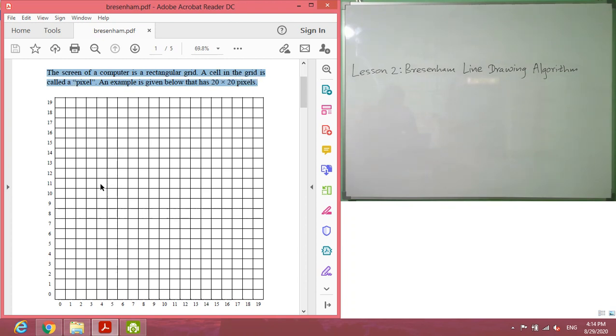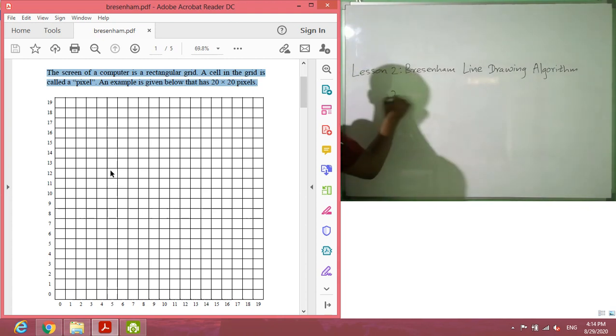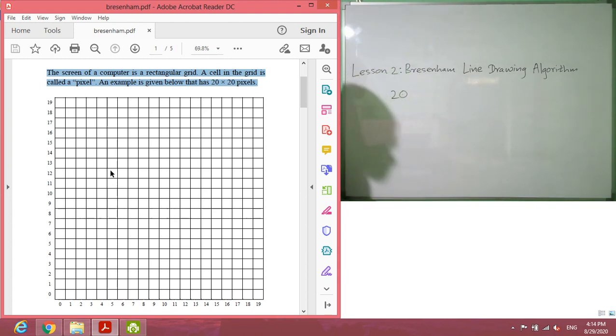One particular cell in the grid we call a pixel, and if you look at this you can see there are 20 rows and 20 columns.